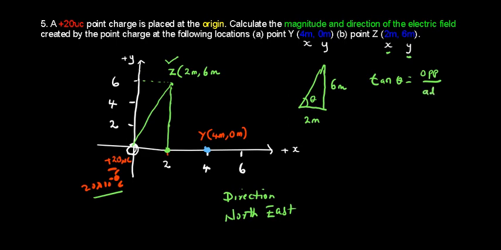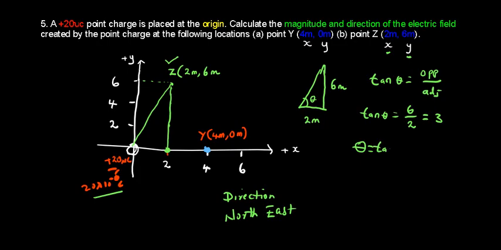6 is the one that is opposite to the angle. So tan theta is going to be 6 over 2, which is going to give us 3. Then the angle theta is now equal to tan inverse of 3.